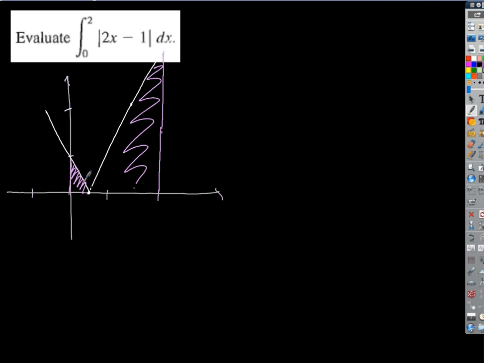Half. Well, that's 1 and that's 2. So 1/2 times 1 times the height. So what is that? 1/4. Okay, so we get 1/4 from this one, and then how about this one here? What's the height going to be? Let's see, we're going to go up to 3, I guess, is that right?